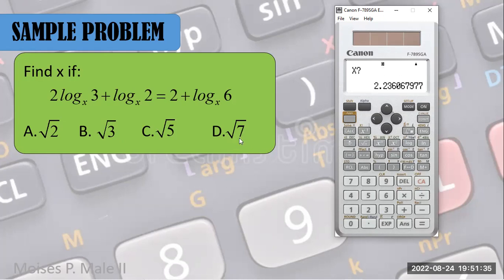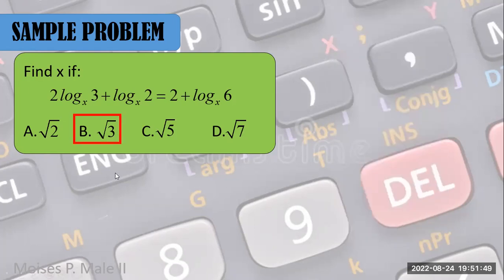Then lastly, square root of 7. So only square root of 3 will give you the correct answer. Right? So letter D. Correct.